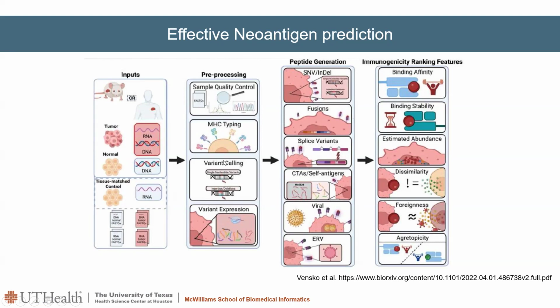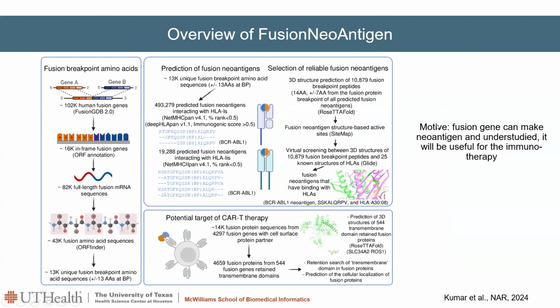Here we call the variants, and then we also check expression. For indel, SNV, fusion, alternative splicing and so on, we analyze the open reading frame and infer the peptide. Then using a chemical approach, we generate the peptides. And then we can check the immunogenicity using some algorithm, or at the cell level, mouse, or real patient level.